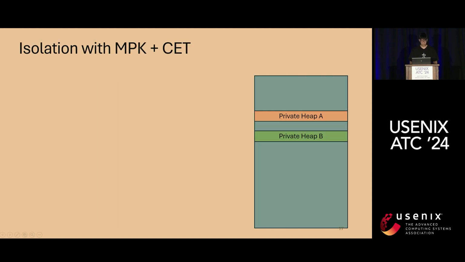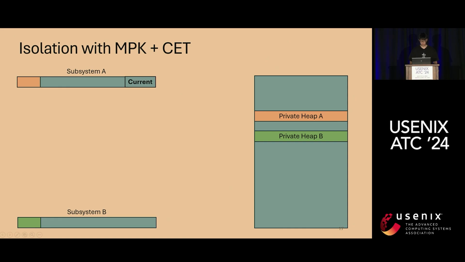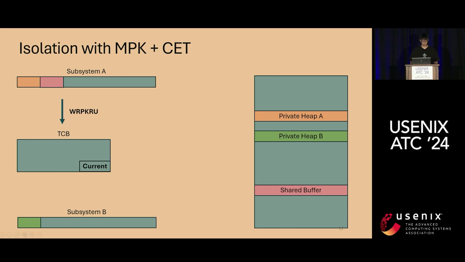First, each subsystem's private heap is tagged with a different PK. And the shared buffers are tagged with different PKs. The system can invoke a TCB to transfer the ownership of the shared buffers, and also call into different domains. The use of binary inspection and CET will eliminate any write PKRU instructions outside of the TCB.